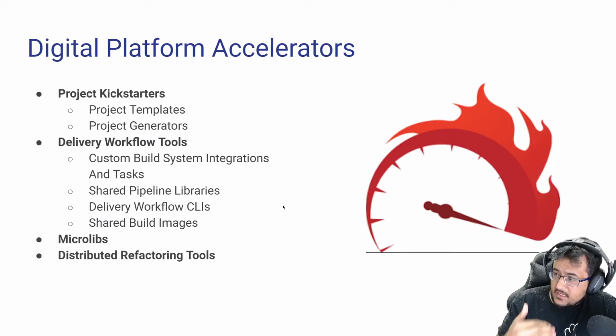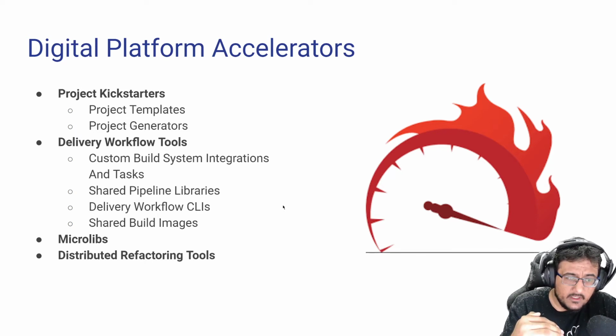Within those digital platform accelerators, I have divided them into 4 categories, and I have examples of the things that I have implemented, and these are the patterns that I have been observing. The categories are project kickstarters, which allow you to create or bootstrap microservices fast.